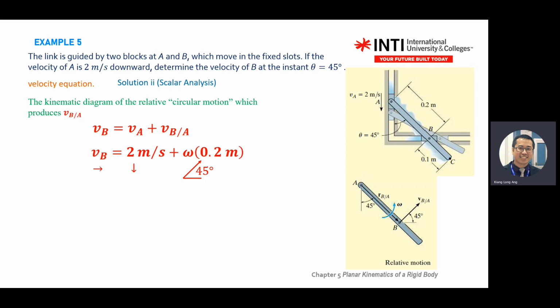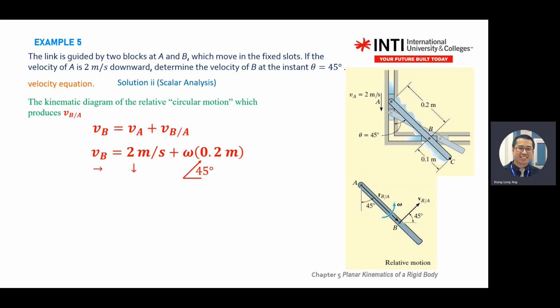VB to the right, VA goes down, VB stroke A at 45. The relationship between R, omega and V is always 90 degrees. So that's why I get a 45 there.